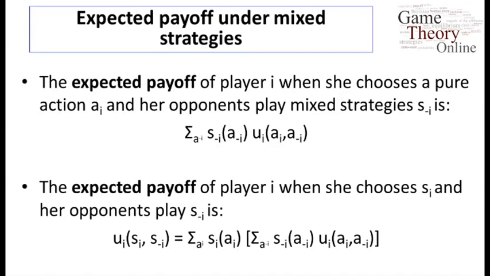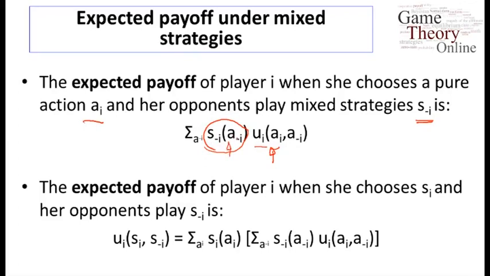So the expected payoff of a given player, when she chooses a pure action a_i and her opponents play mixed strategy s_{-i}, we can just think of that. So what's the payoff to i from playing a_i? Well, we can just look at the overall probability distribution, given what the other players are doing, over their actions.